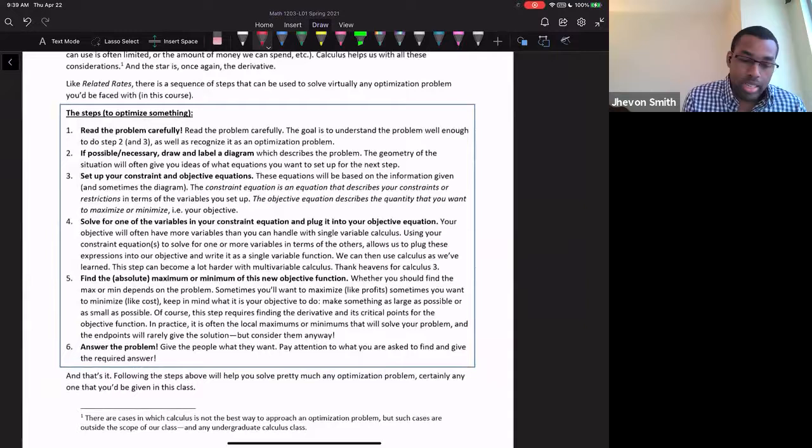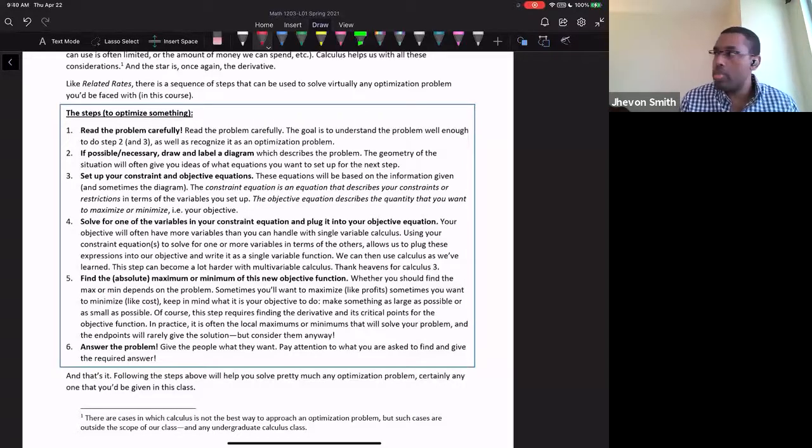Now, if possible or necessary, just like before, you're going to draw and label a diagram. So geometry is again important here. You want to make sure you understand the situation. Unlike related rates, though, you're going to need 2 equations in this scenario. So there's going to be one equation called the constraint equation that is meant to describe the restriction that you have.